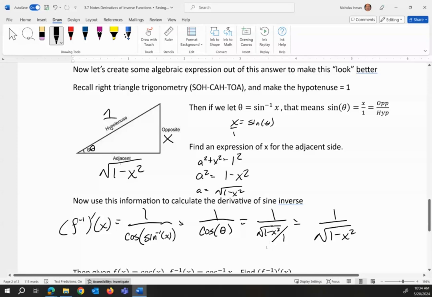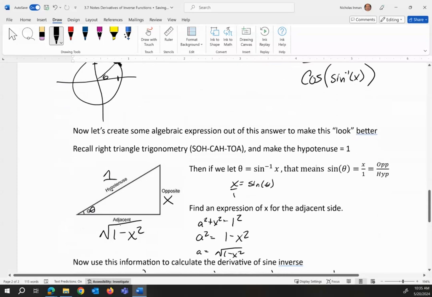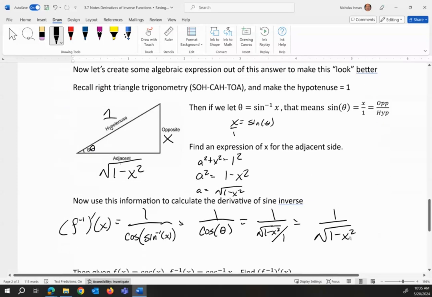So if we know an x value, we don't have to plug it into sine inverse to find an angle and then plug it into cosine to get the value. We can just go straight to this: 1 over, because of that formula for an inverse. And the way we find a cosine value, if we know an opposite and the hypotenuse is 1, is the square root of 1 minus x squared from the Pythagorean theorem.